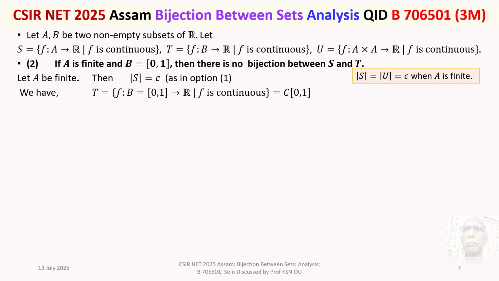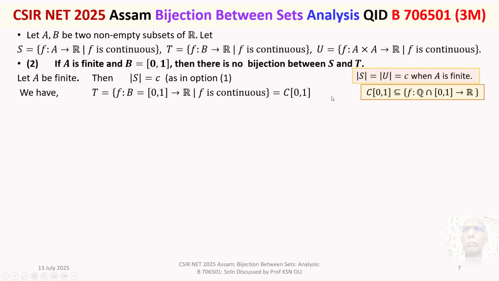Now, here you must know this result. Whether you know it or not, I do not know. If you know it, you take it for granted. If you do not know it, I will show you how this result is true at the end of these options.